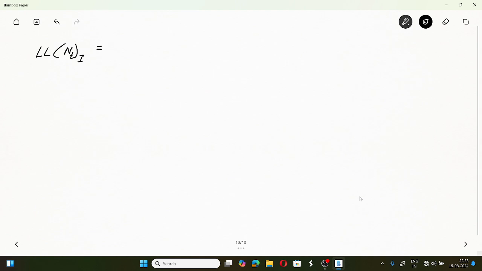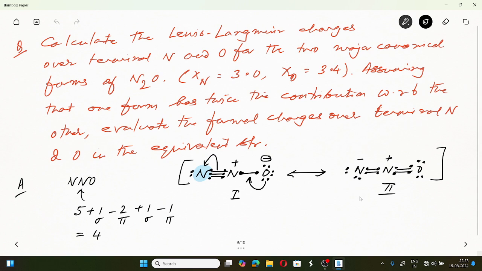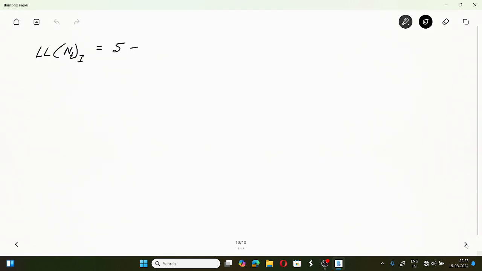This is given by the number of valence electrons over nitrogen, which has to be 5, then the number of electrons in the lone pair over nitrogen. Let us check. How many? There are 2 electrons here, so it should be 2, minus twice the number of bonds.